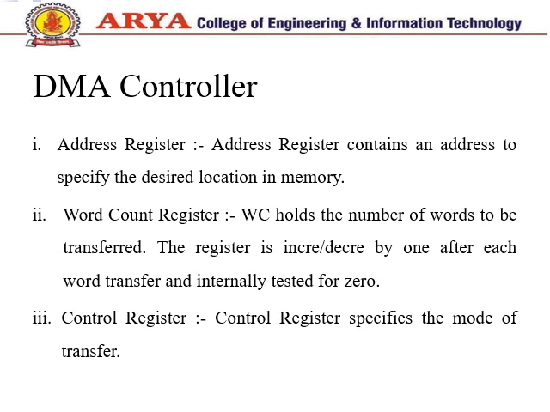Second is the word count register. WC holds the number of words to be transferred. The register is incremented or decremented after each word transfer and internally tested for 0. The control register specifies the mode of the transfer.